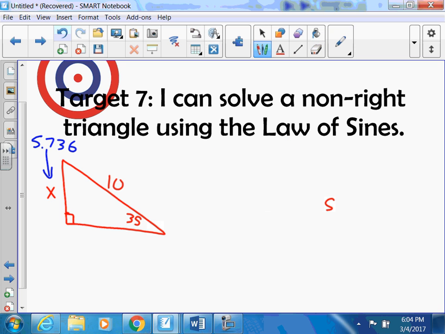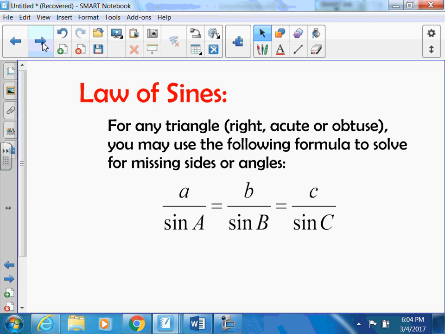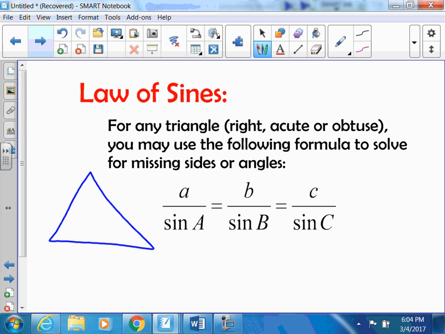Now, for law of sines, that formula is here. A is basically a side. So lowercase a, b, and c are the sides of the triangle. Let me draw a triangle here so you understand what I'm talking about. Here, A, B, C, those are the vertices.